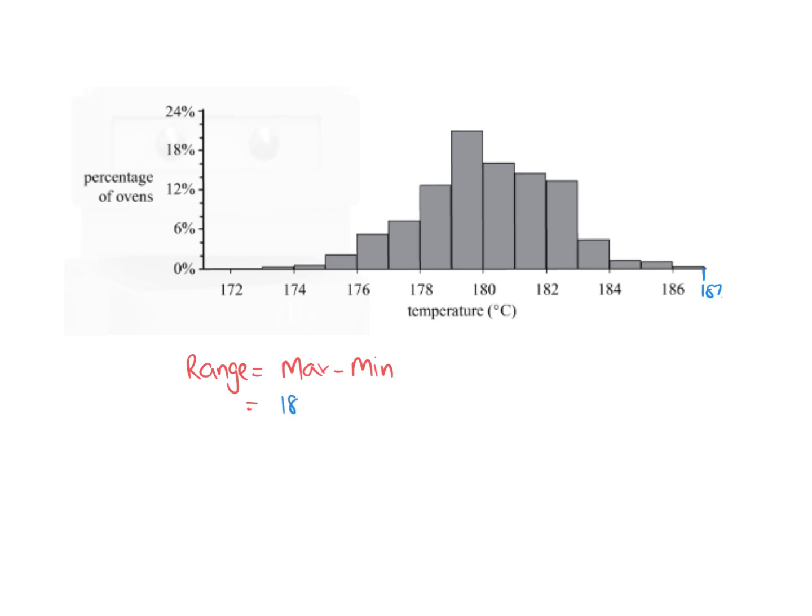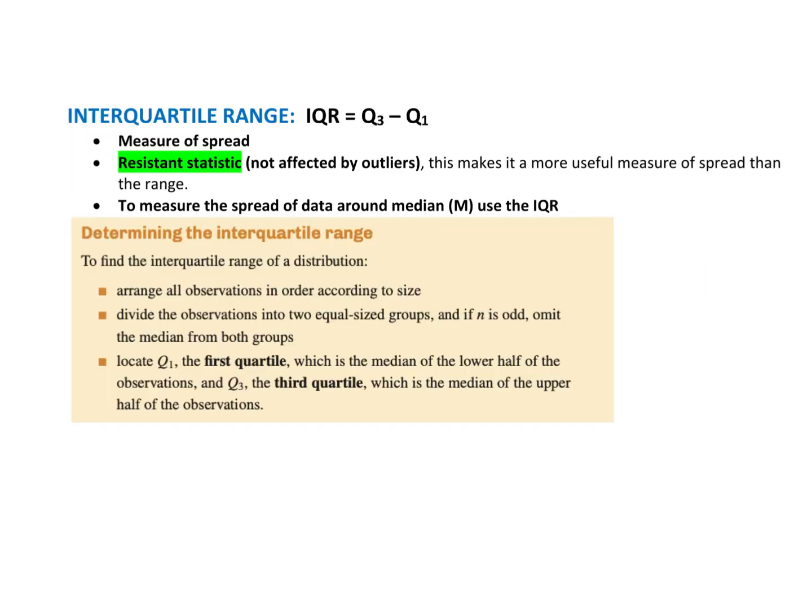So the maximum was 187 and the lowest value looks like it was there, 173. Okay, so we've got a range of 14 there. Okay, so all the values ranged between 14 degrees there.